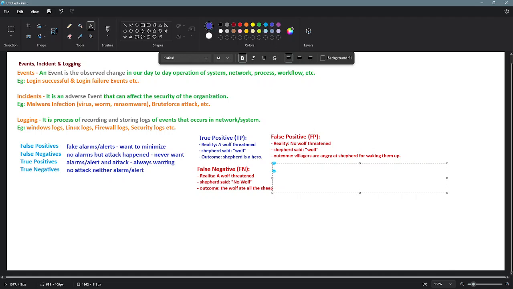After that there is something called a true negative. In reality, no wolf.